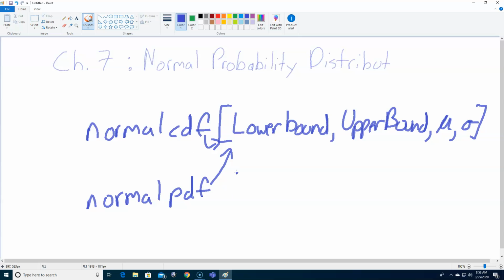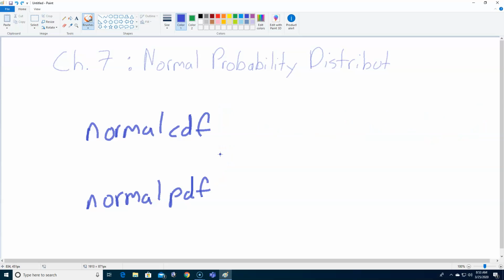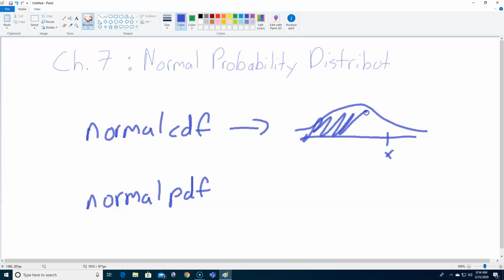Now the difference between these two things: Normal CDF, when calculating, we're going to be calculating the probability from everything less than that z-score, that number. So here would be my number. Normal CDF calculates all this area, everything to the left of that element x.